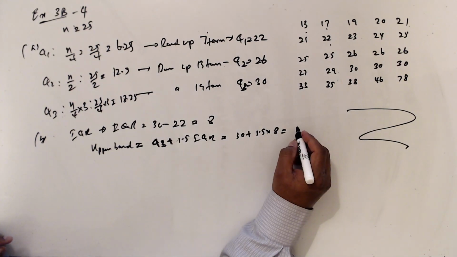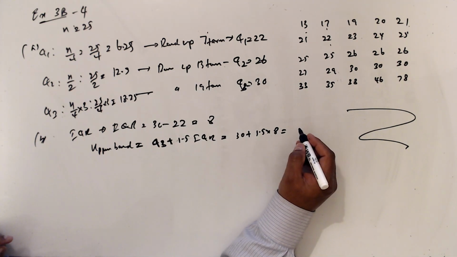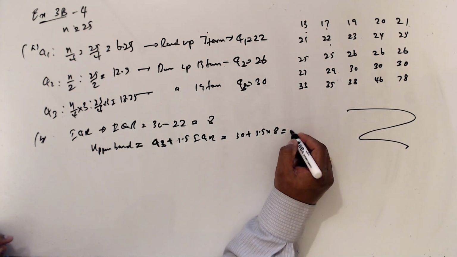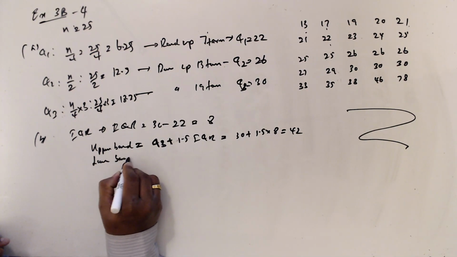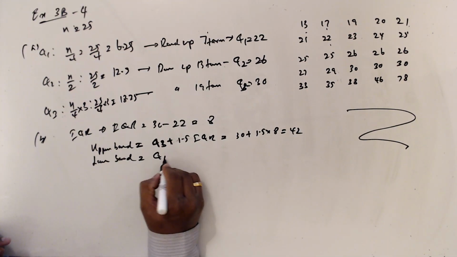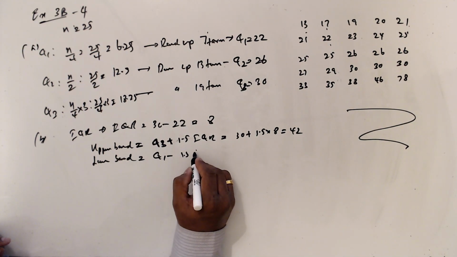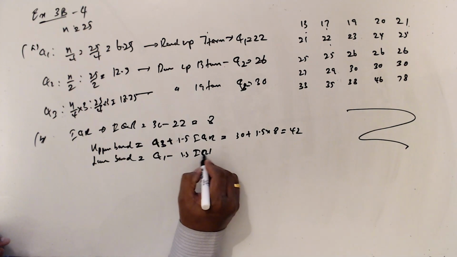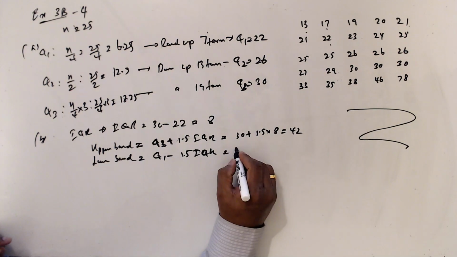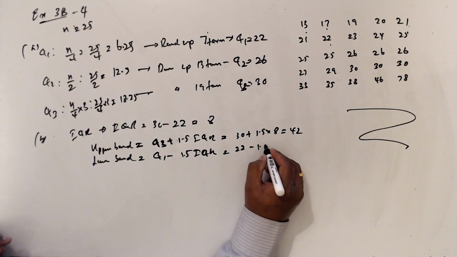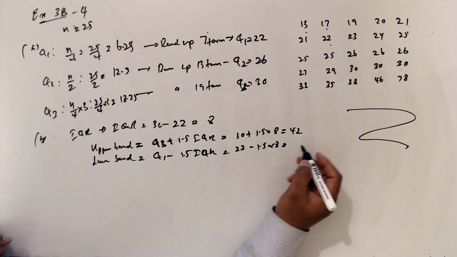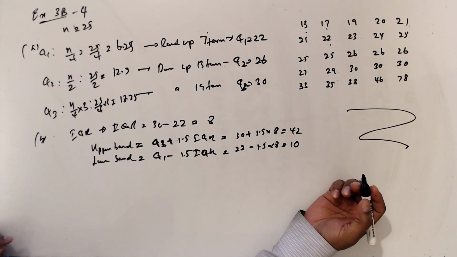So this value is going to be 42. And the lower bound is Q1 minus 1.5 times IQR. So this is going to be 22 minus 1.5 times 8, that is 10.